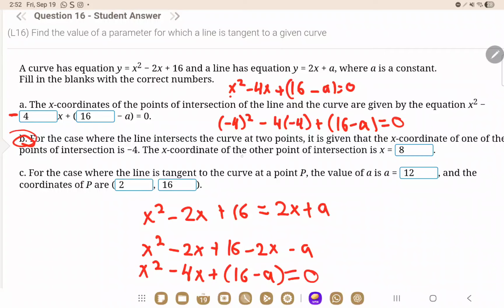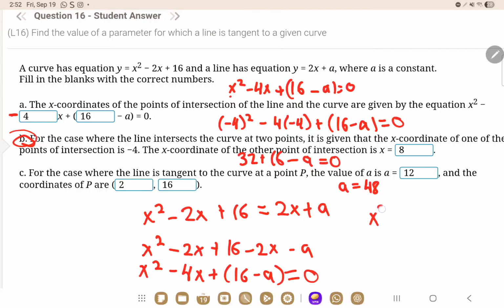Let me write down what I just said: 32 plus 16 minus a equals 0. Then we find a equals 48. Okay? So now we have a full equation, finally.